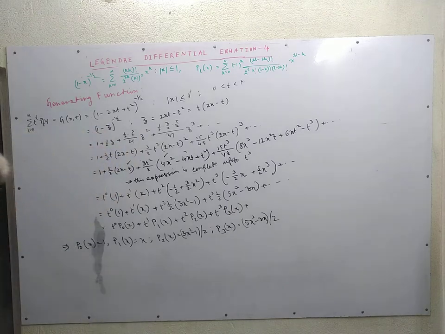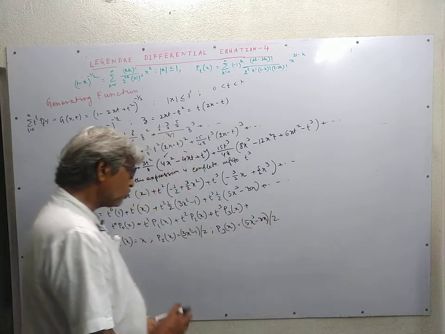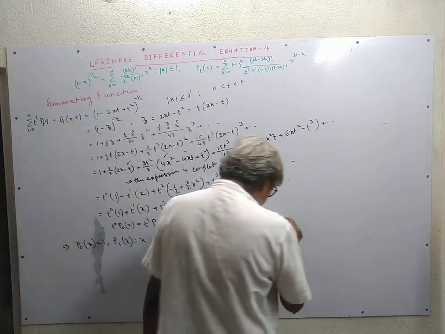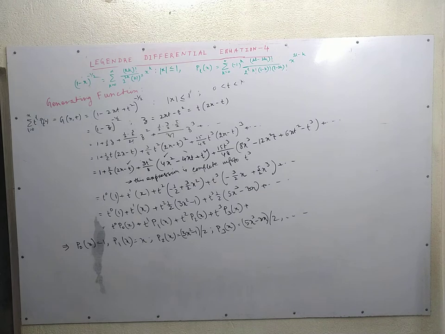If we put x is equal to 1, you see this is 1, this is 1. So this formula can be applied to get Legendre polynomial of higher orders.